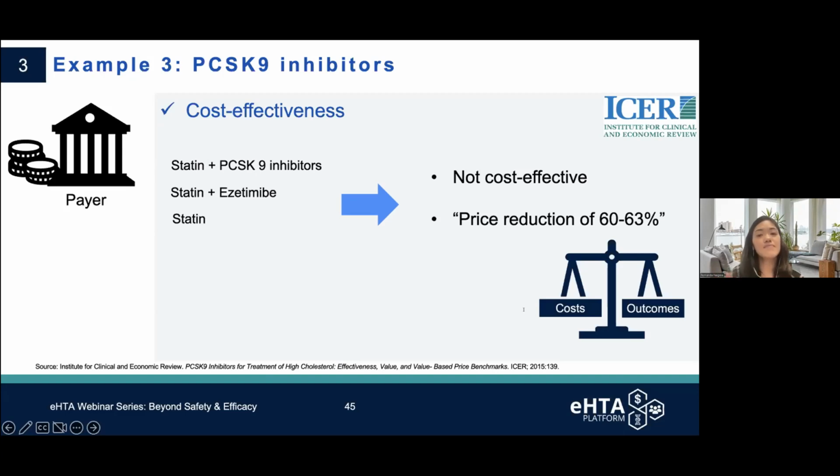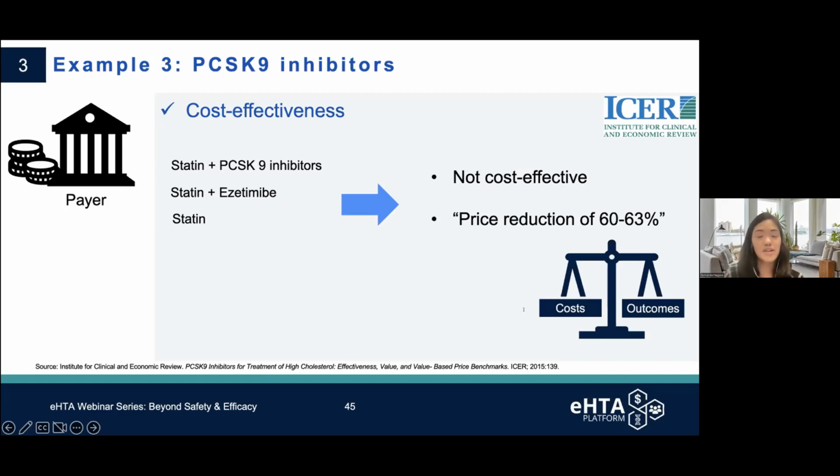So what the institute decided to do was to run a cost-effectiveness analysis. Basically, a cost-effectiveness analysis looks at the costs and outcomes of a treatment and its alternatives. The analysis estimates the additional cost to gain a unit of a health outcome.